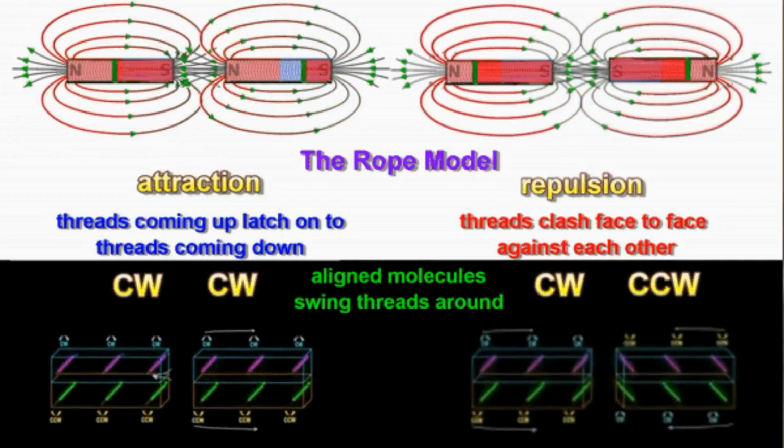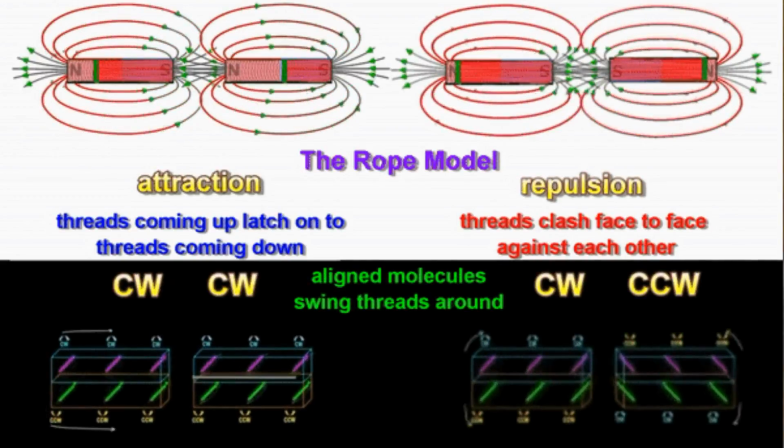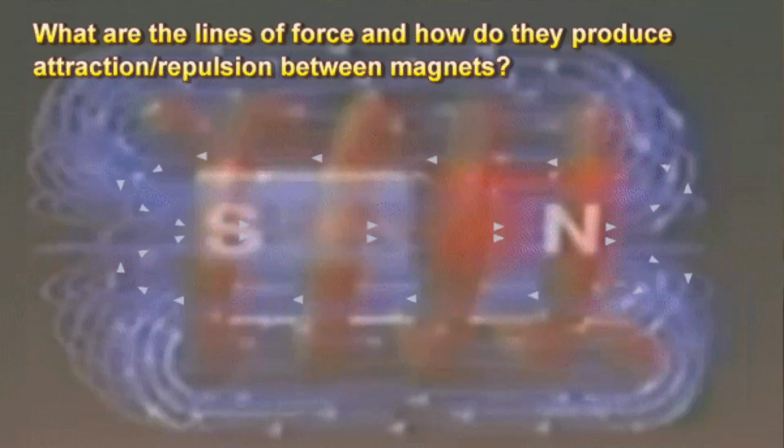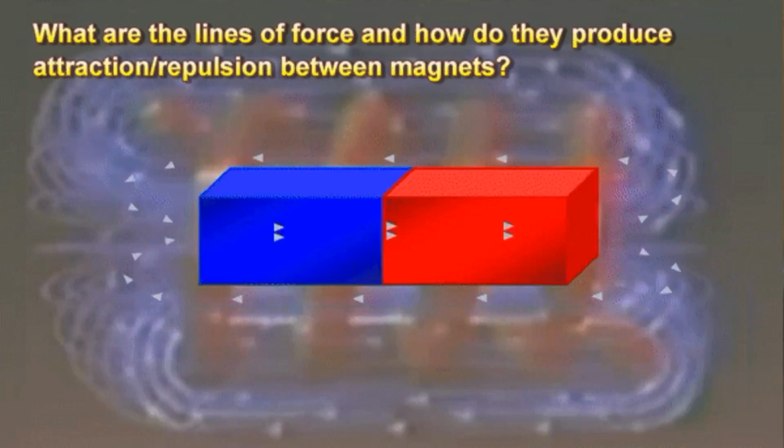Why? Because I've shown you that the rope can simulate magnetism, and let me show that real quickly. Here it is. This is what we have to explain: those patterns that the so-called magnetic field leaves around a magnet.